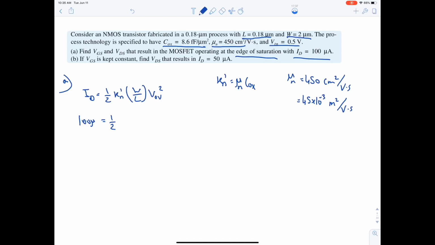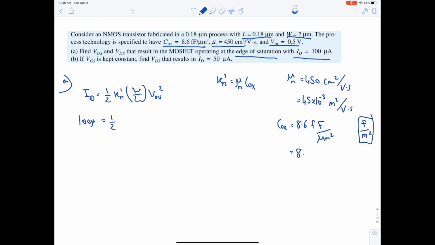This is the same number as the previous example. So what's our COX? COX is 8.6 femtofarad divided over micrometer square. The usual or the normal unit is farad over meter square. So we need to remove the F, which is the femto, and the micro.